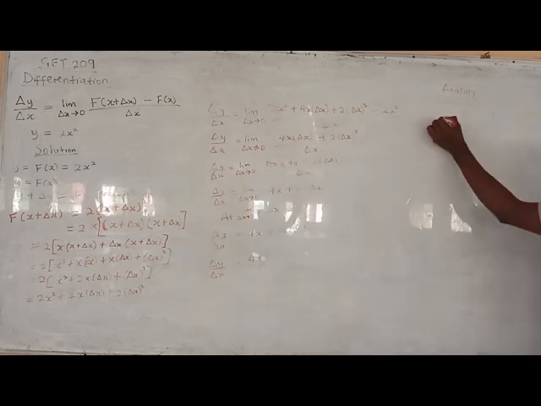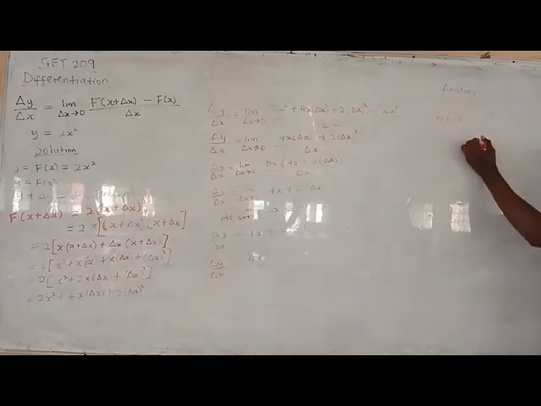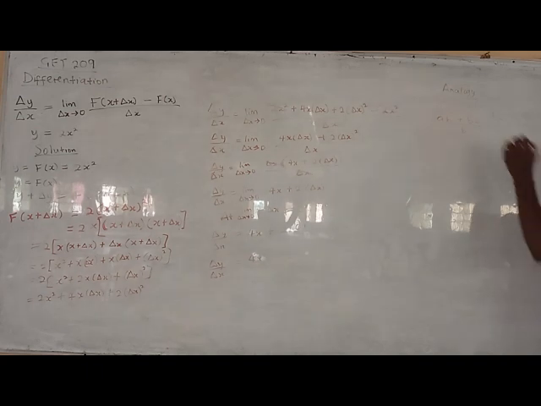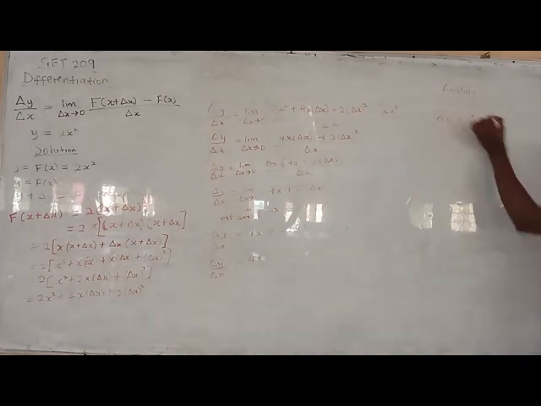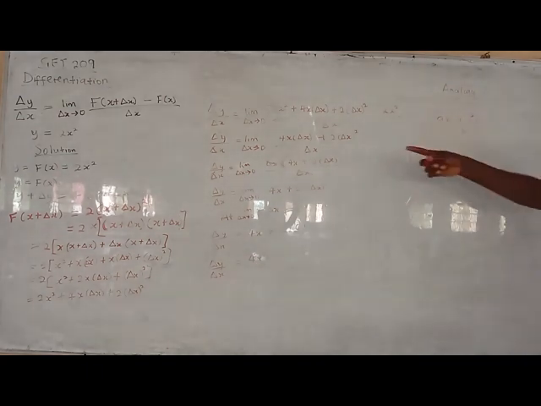So for example, we have AB plus BC divided by B, or let's say B square. That's almost the same thing we have there.